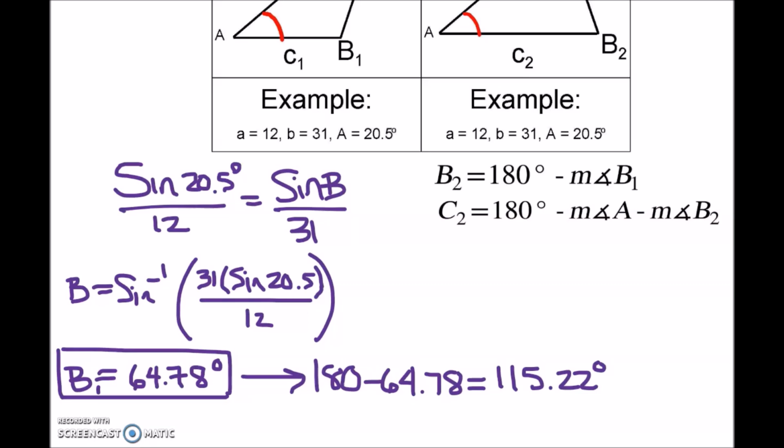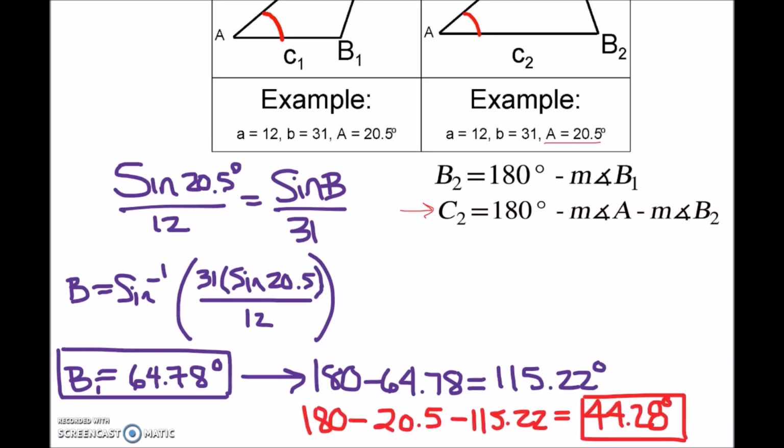So if I reference this formula up here, what I want to do is see if I use 115.22 degrees with the other angle that I've already been given, 20.5 degrees, can that work out to make a triangle? So in fact, it can make a second triangle because 115.22 plus 20.5, which is what I was given for angle A up here, is less than 180.